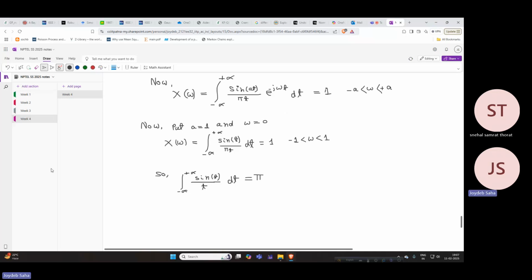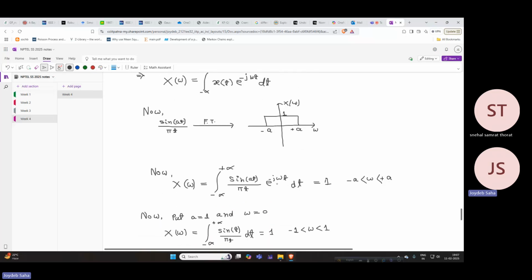Can we write this? It was what we have to find. So this is the whole solution.